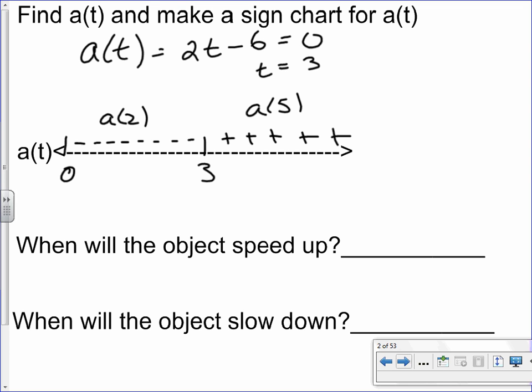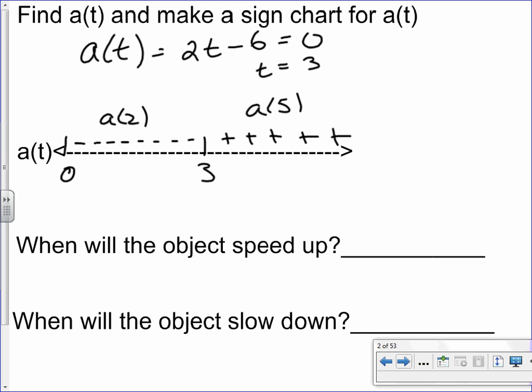Now I know when acceleration is negative, the velocity is decreasing. That's because its slope, acceleration, is negative. And we also know when the acceleration is positive, the velocity is increasing, because its derivative is positive.